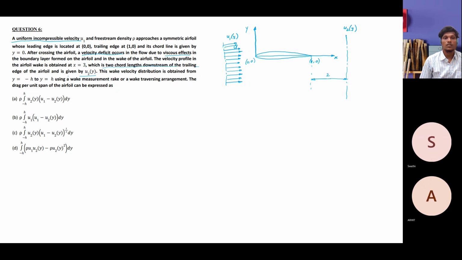So what is it actually telling? It is telling that whatever velocity measurements you perform, you cannot perform from minus infinity to plus infinity in the y direction. So they performed only from some minus h to h, I can say like this. Let me erase this.